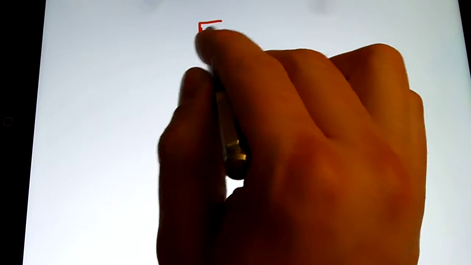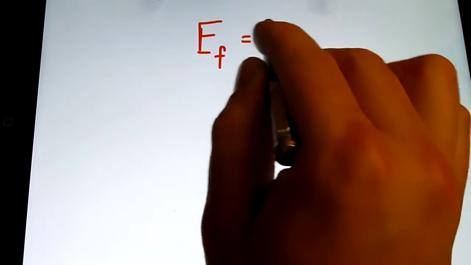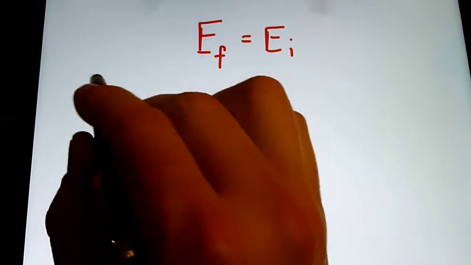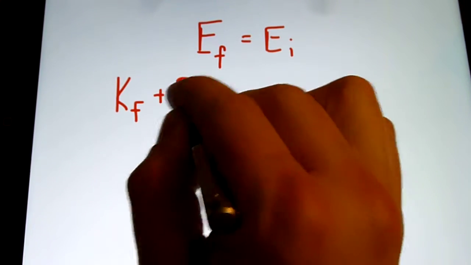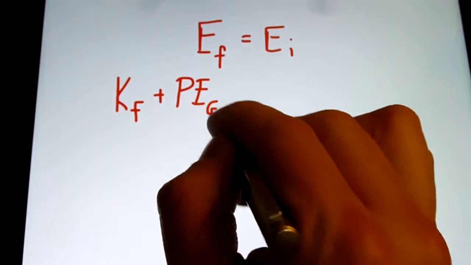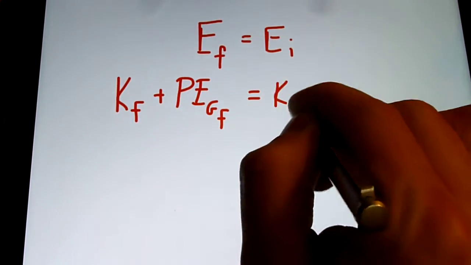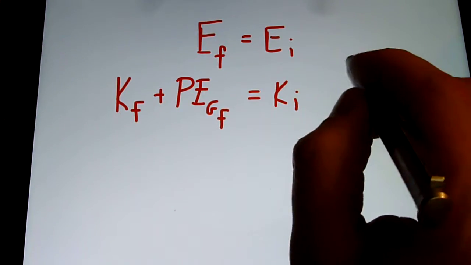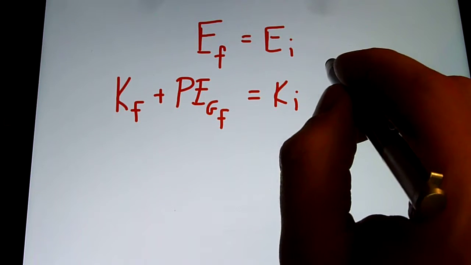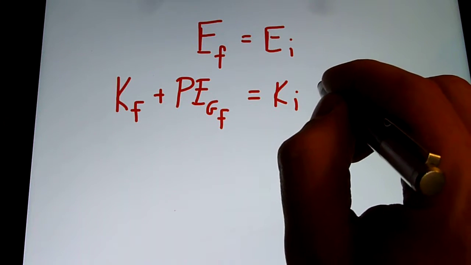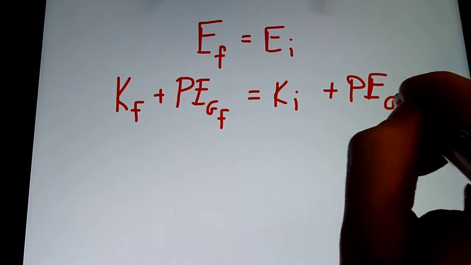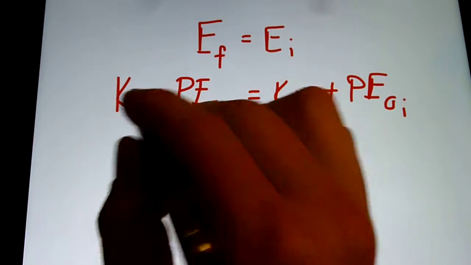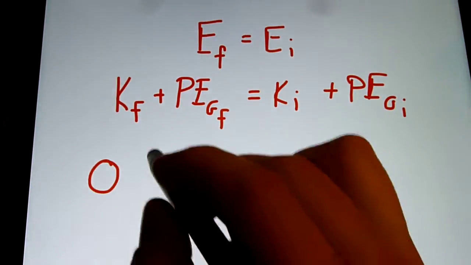So we're saying that my energy final equals my energy initial, and I know that I've got kinetic energy and gravitational potential energy that I want to consider. So my kinetic energy final plus my gravitational potential energy final has got to equal my kinetic energy initial plus my gravitational potential energy initial. Well, my kinetic energy final was 0 because I'm at rest.